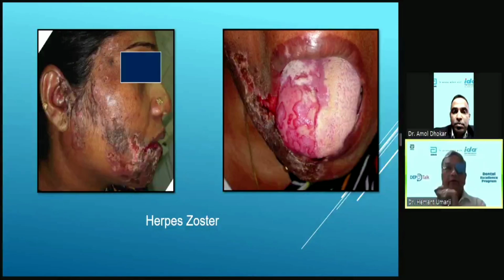Acyclovir 800 milligrams, 5 times a day, that is a very high dose, for 7 to 8 days, and then the pain comes under control. Now they also give valacyclovir and saquinavir, the newer drugs given to prevent post-herpetic neuralgia, which is a complication of herpes zoster.